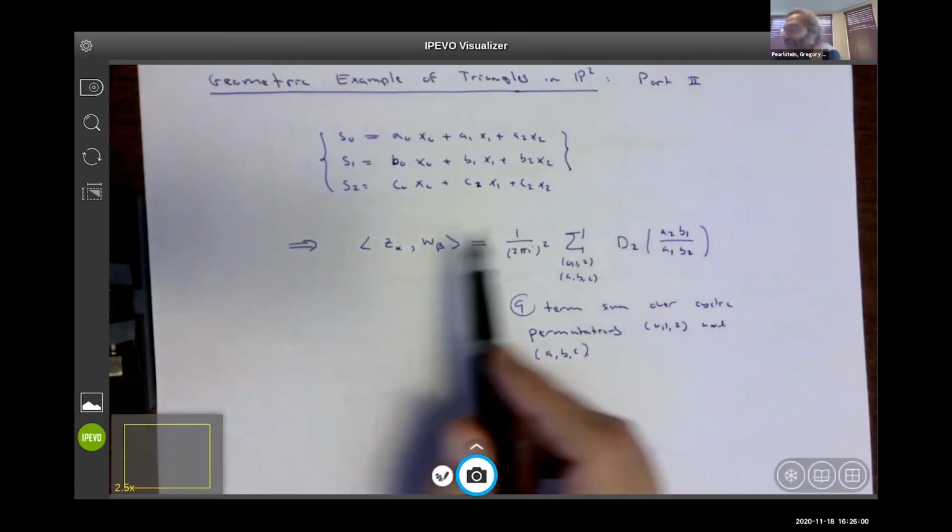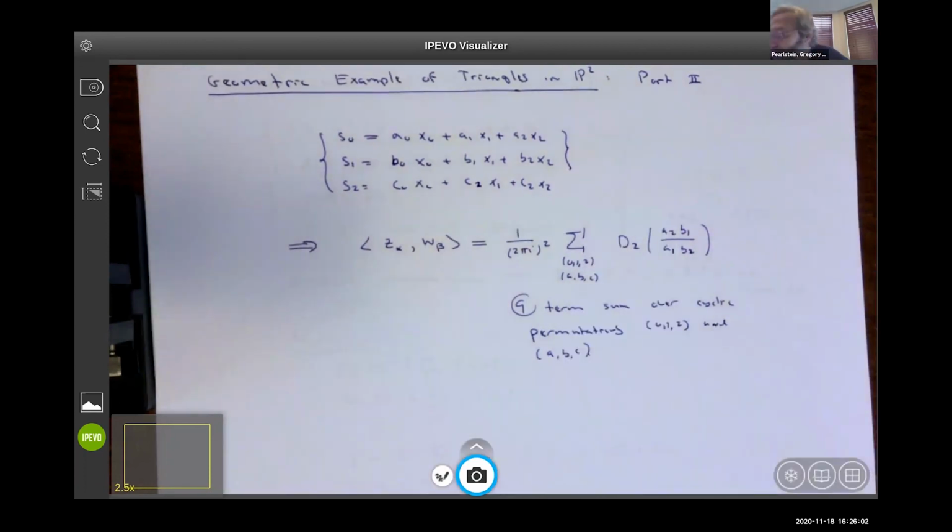So in this particular case, this height pairing is given by this 9-term sum of dilogarithms. Maybe that's not too unexpected, but it shows you that this height pairing does produce kind of interesting functions.